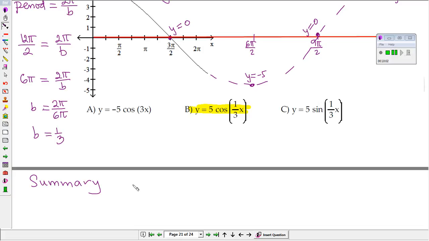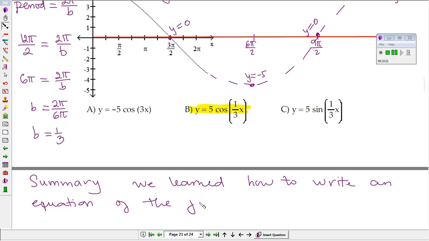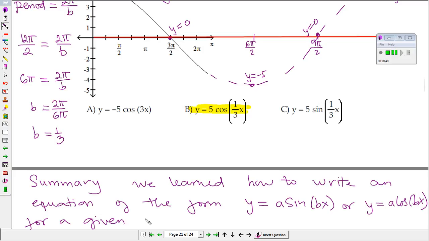In this video we learned how to write an equation of the form y equals a sine bx or y equals a cosine bx for a given graph.